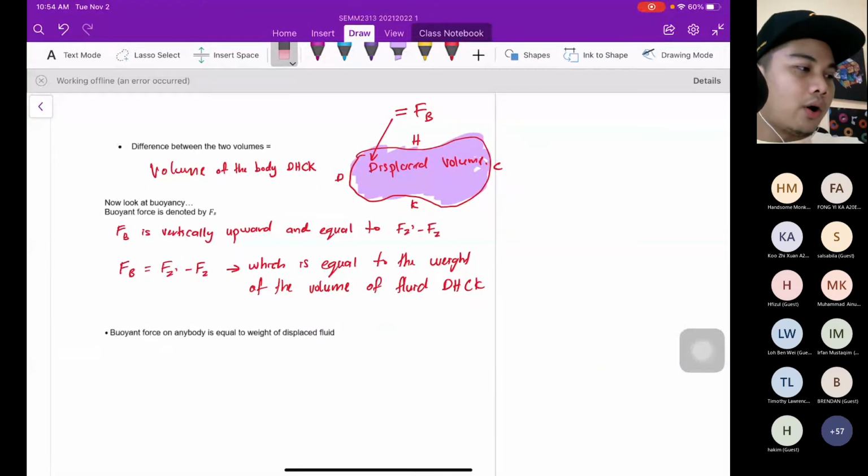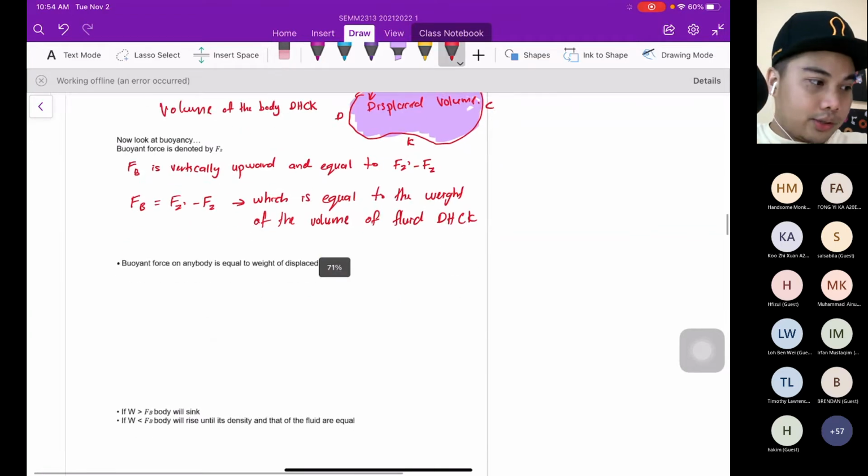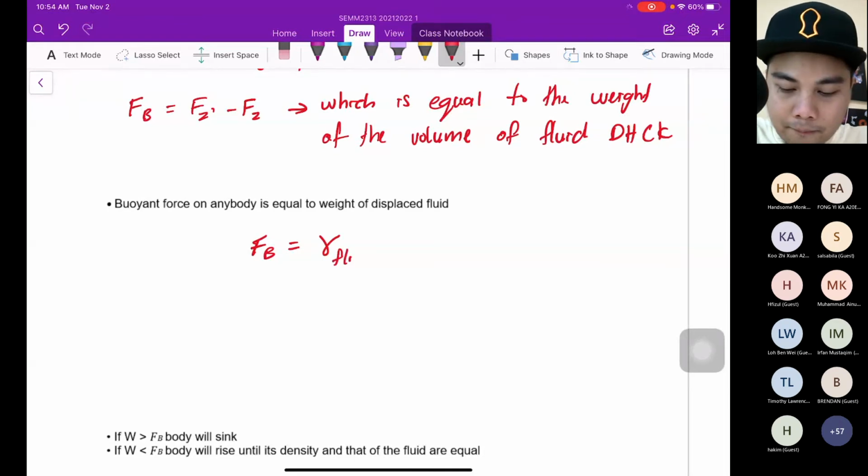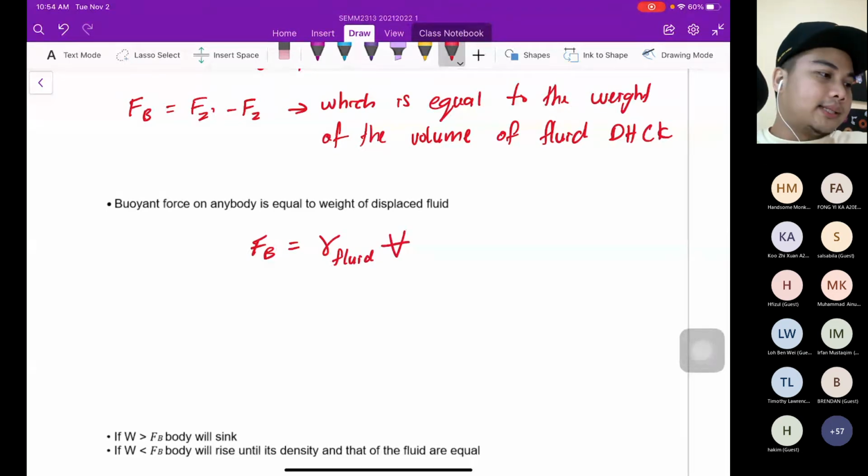Buoyancy force on the body is equal to the weight of the displaced fluid. So this is the equation: FB is basically equal to the weight of displaced fluid. This is volume displaced.